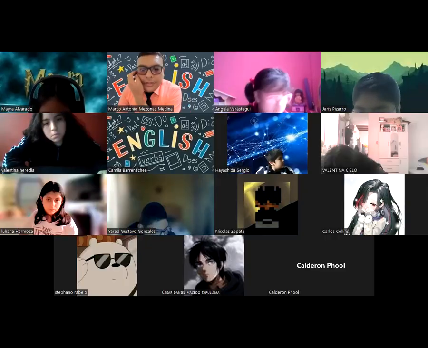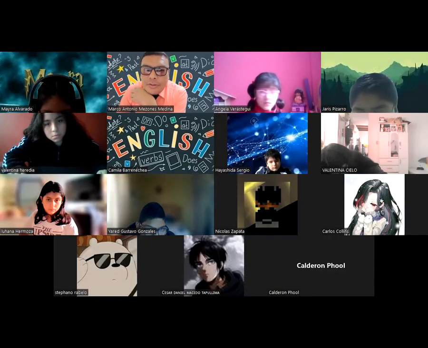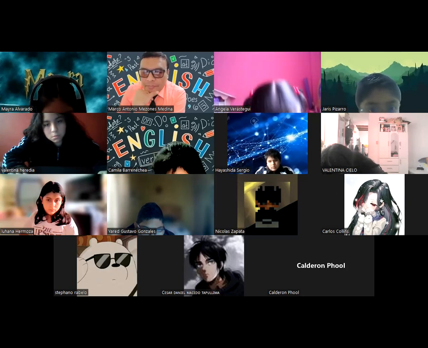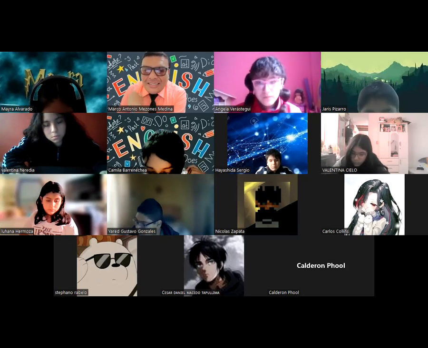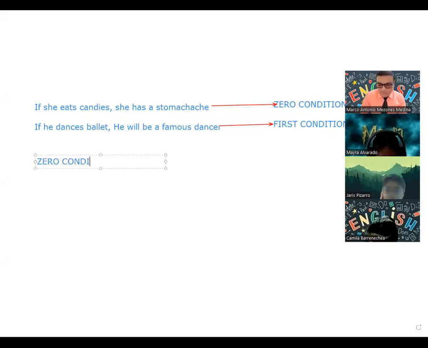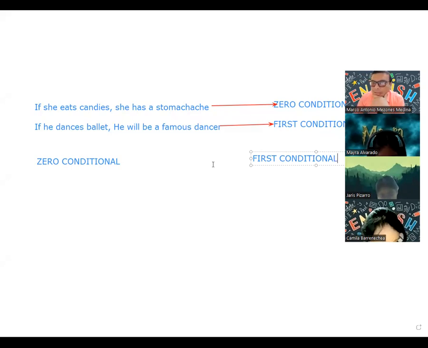Okay, any volunteer? Any participation using the first conditional? Any sentences? Because I showed you some examples. Any volunteer to make some sentences with zero conditional and first conditional? Please tell me.